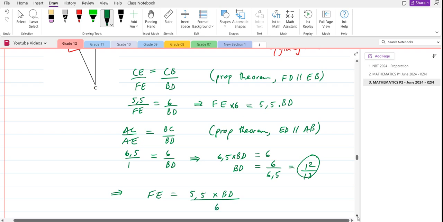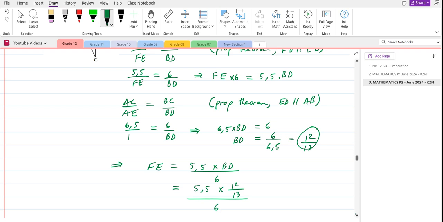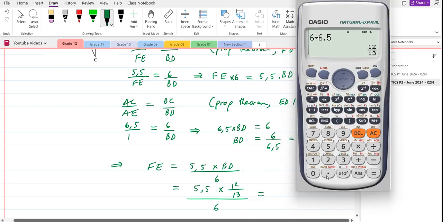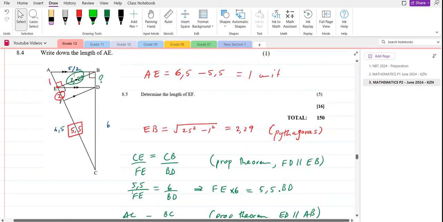So what we have here is 5.5 times, what's BD? 12 over 13 divided by 6, and we can work that answer out. 5.5, and we're done almost, guys. 5.5 times 12 over 13, and we're dividing it by 6, and we got an answer of 11 over 13. I hope you guys understand. Sorry about this, it just took like really long, right?